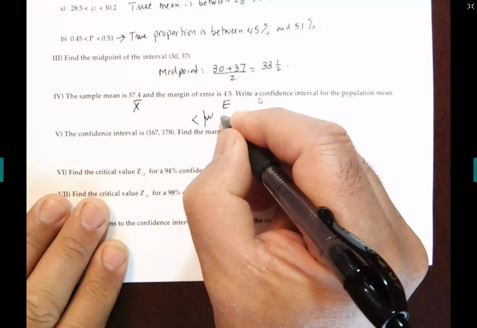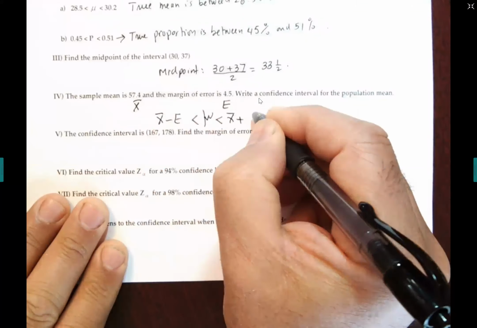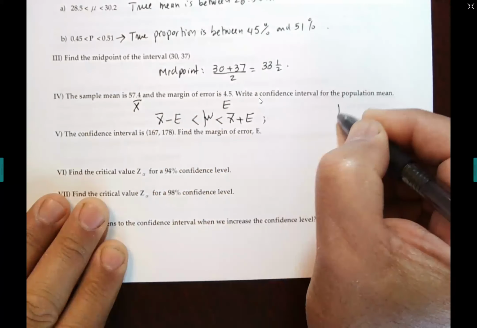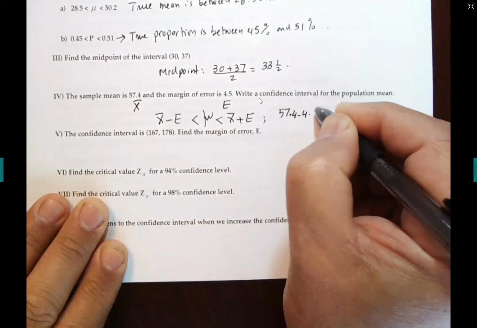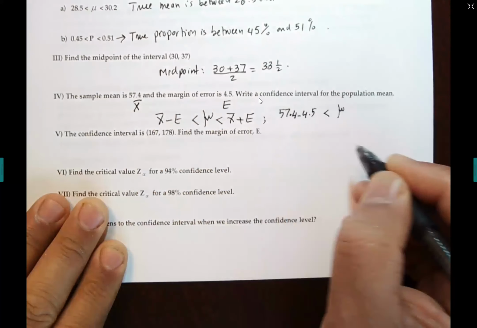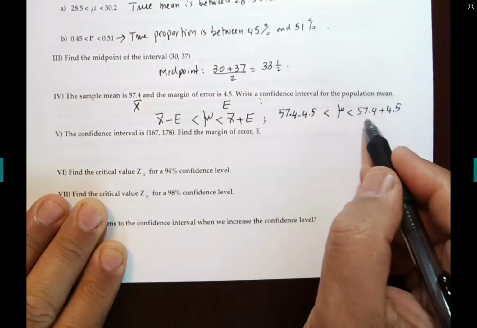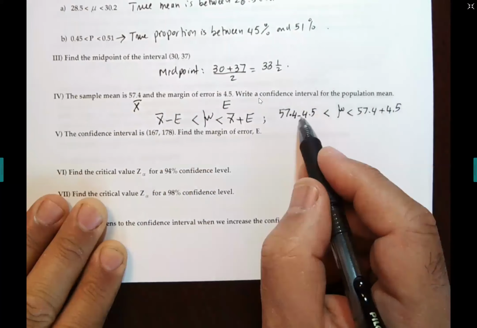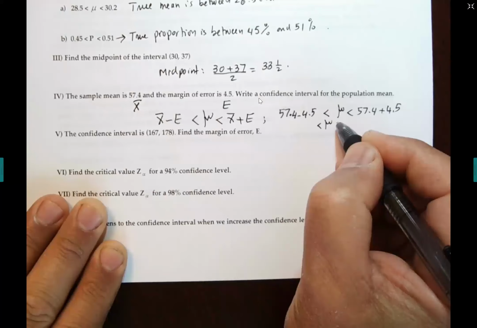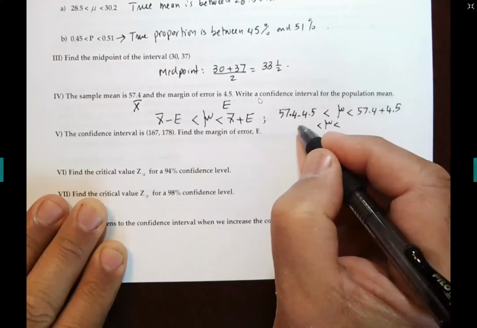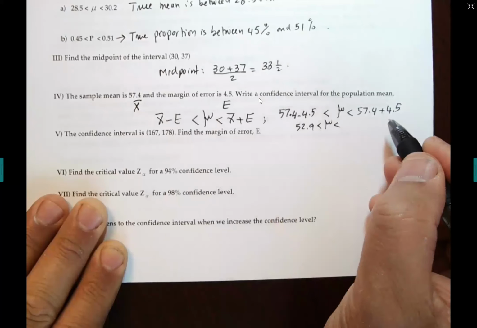It's between X bar minus E and X bar plus E. So we're already done here. He gave me X bar. So here he's not asking me to do any work actually. 57.4 minus 4.5 and then 57.4 plus 4.5. Remember, the plus is on the right and the minus is always on the left, guys. So the mean will be, if you subtract, between 52.9 and 61.9.